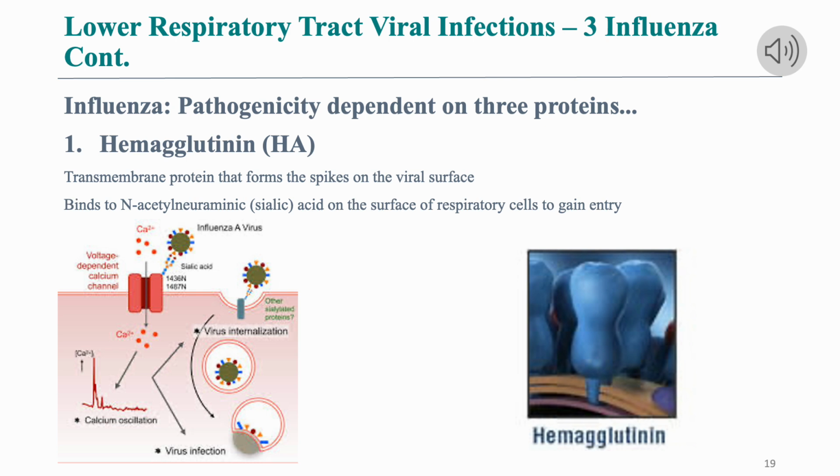Hemagglutinin also binds to N-acetylneuraminic acid, also known as sialic acid, on the surface of respiratory cells to gain entry. And on the bottom left-hand side is a picture depicting how this happens.